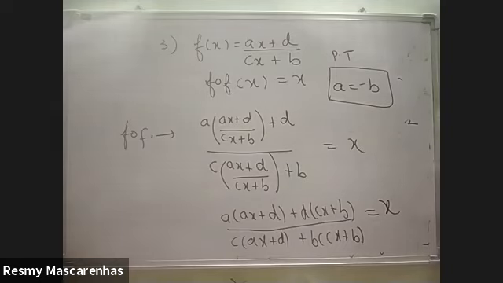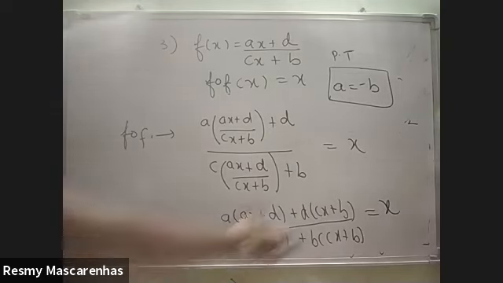Then open up the bracket, both places, numerator as well as denominator, and then cross multiply. Take the denominator on the other side.